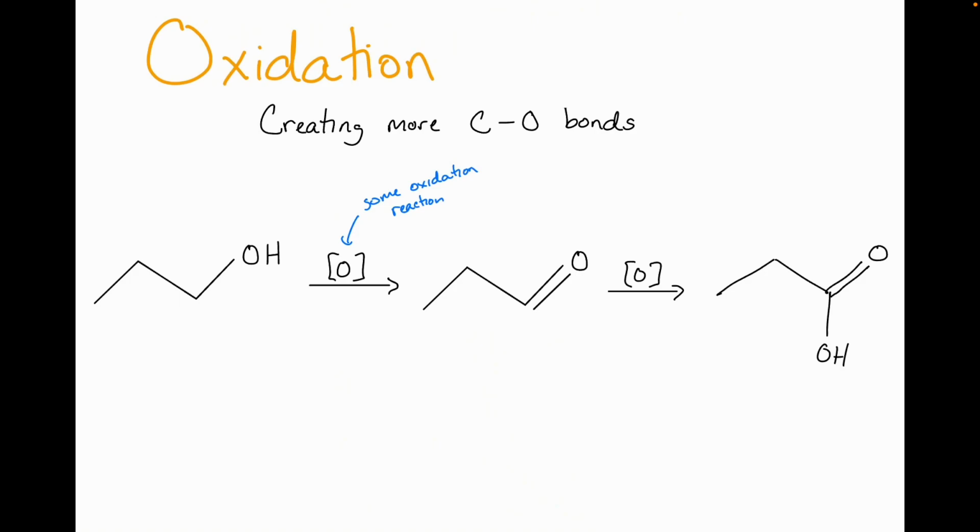Does anybody remember what we had a special name for when we have a carbonyl with an OH group bound? Yeah, these are carboxylic acids. We'll actually spend an entire chapter talking about carboxylic acids. They are the organic acid groups. So we can take this alcohol, do one set of oxidation to make that carbonyl bond, or we can oxidize it even further to create that carboxylic acid.